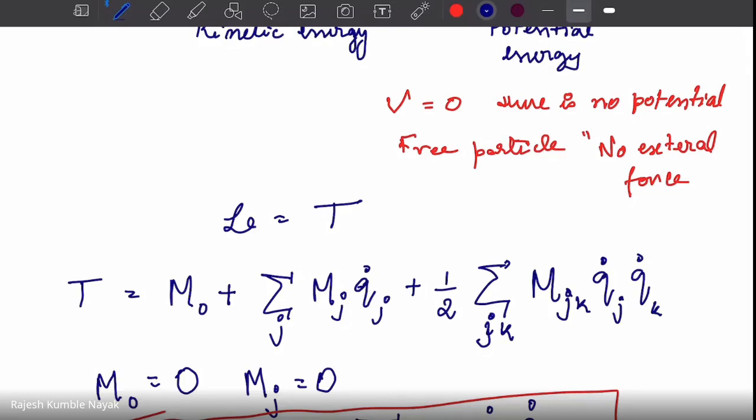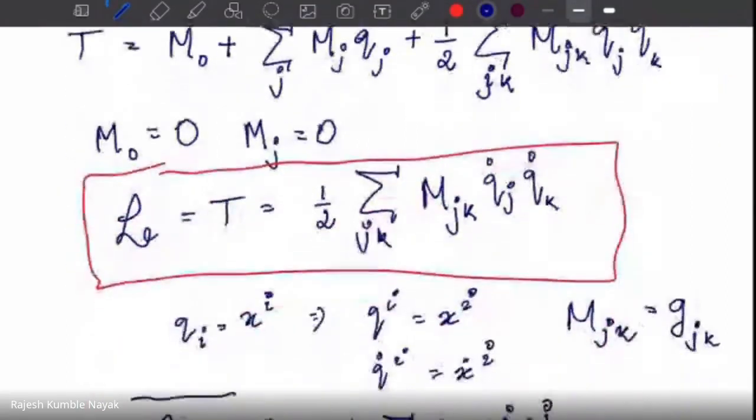So what we are interested in is the system in which the Lagrangian or kinetic energy does not have a pure function of generalized coordinate and the linear function of generalized coordinate. We are interested only in the part of Lagrangian which is quadratic in nature in the generalized coordinate.